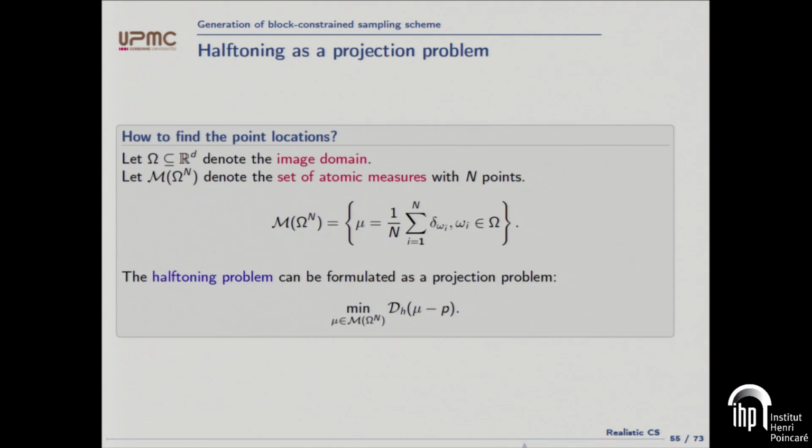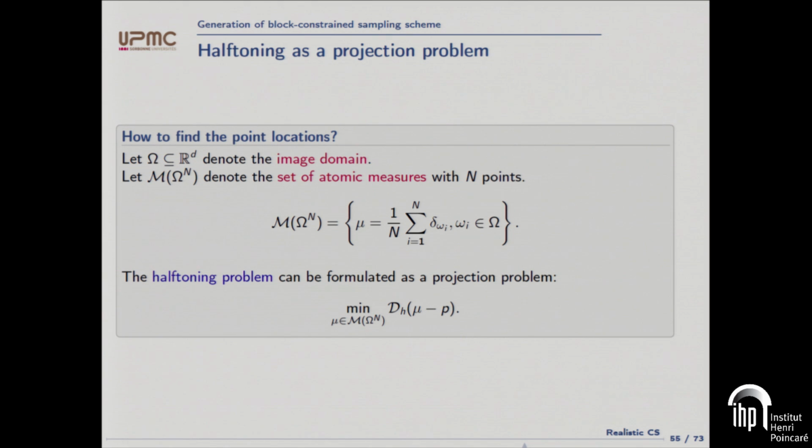So half-toning can be reformulated as a measure projection problem. You have the constraint set M to be mu, which is just a sum of Dirac masses where you put a uniform weight on each. And you ask to minimize some distance between mu, your Dirac masses measure, and P, your target density, your lion, or your radial density in the case of MRI.